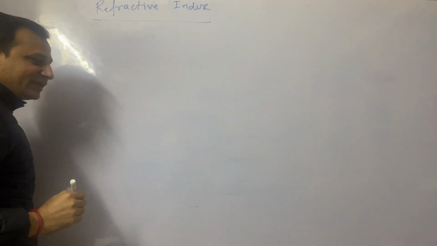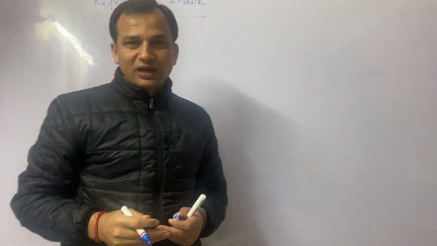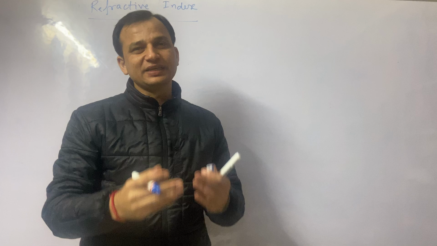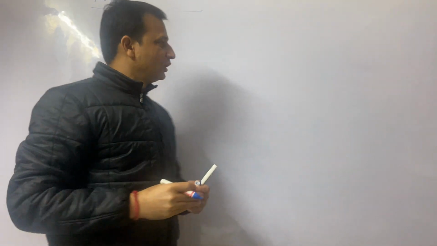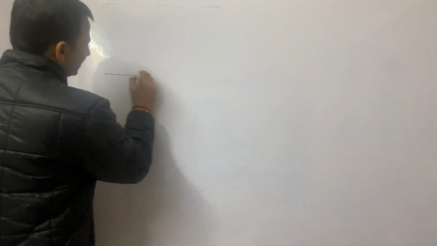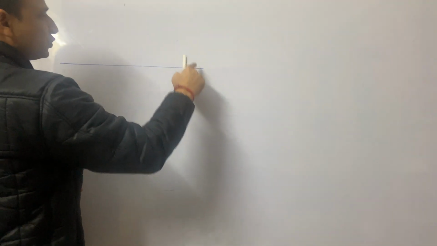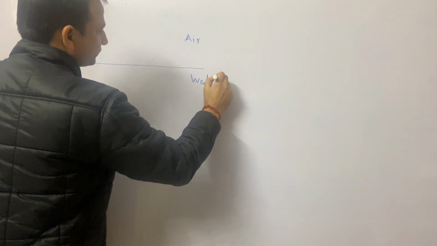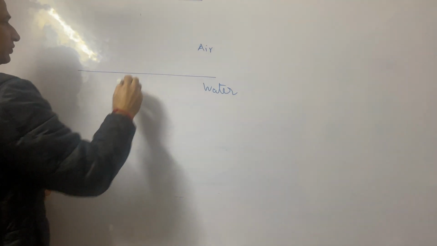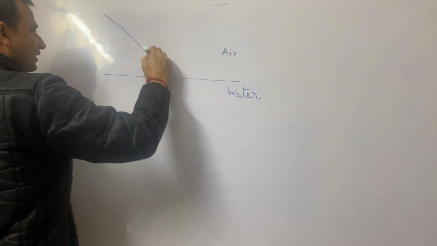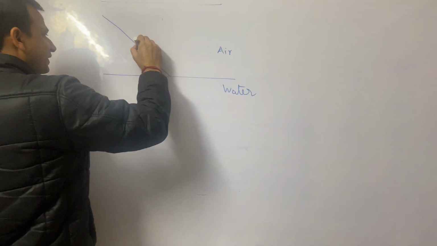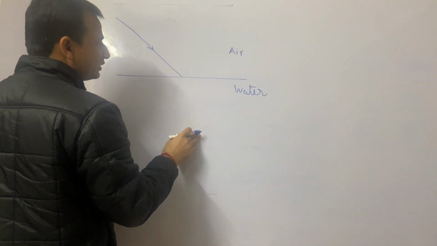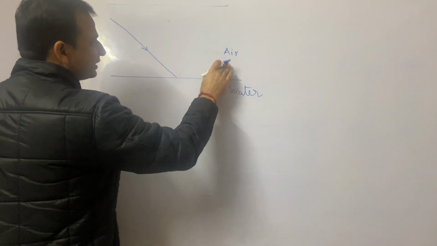This refractive index tells us how dense the medium is in which the ray of light is entering. For example, imagine this line is separating two media, air and water. As you know, when the ray of light hits this surface separating the air and water, it will bend towards the normal because water is denser than air.